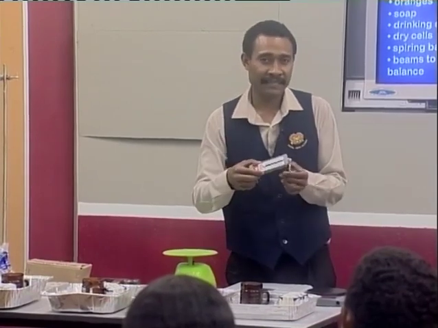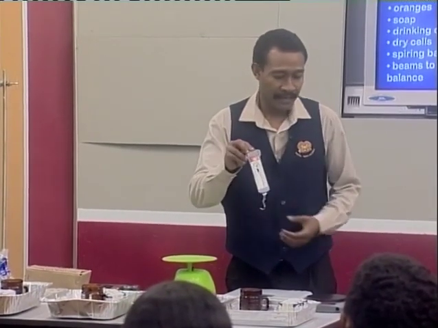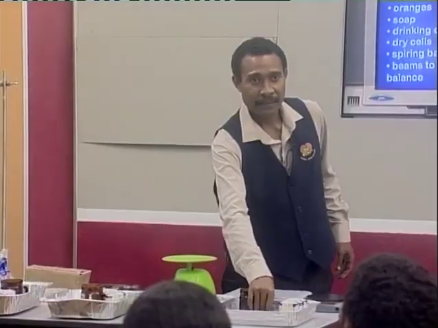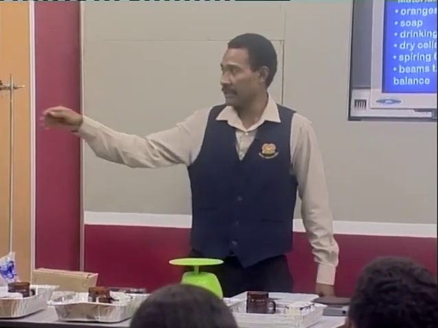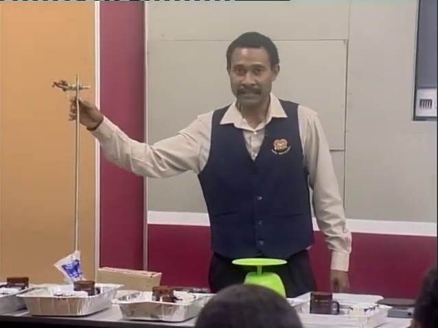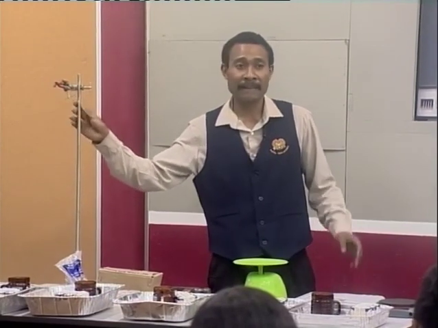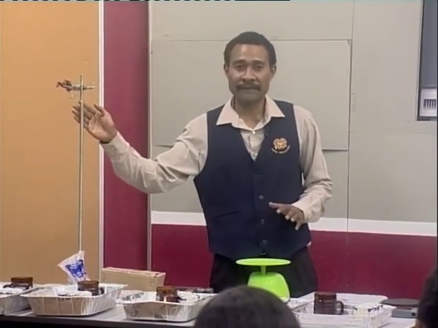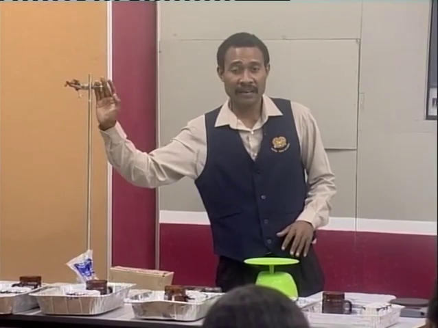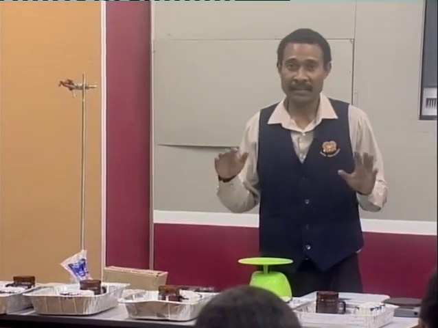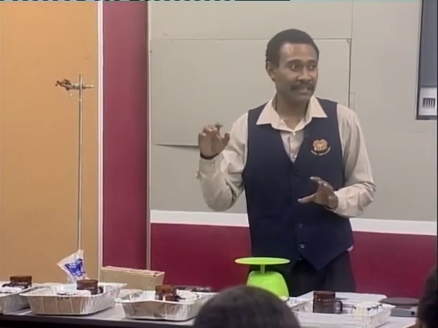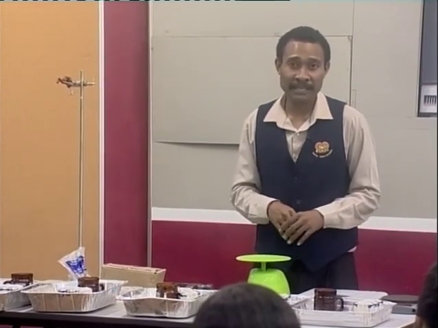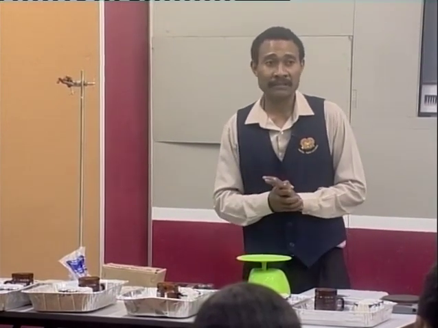Spring balance. And we don't have a beam, but we have a retort stand here. We will be using it, but because many schools don't have one, you can make your own, or otherwise you can go outside and use something to hang the spring balance on. So that's what we will do in today's lesson.